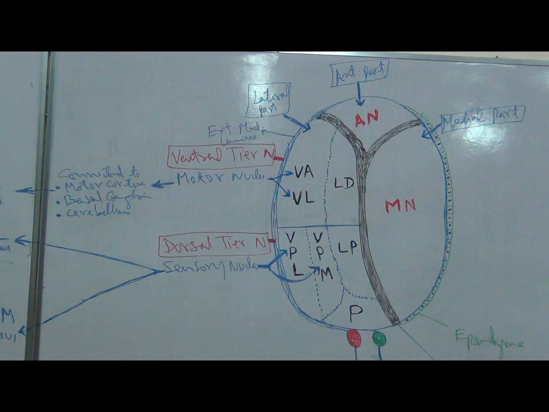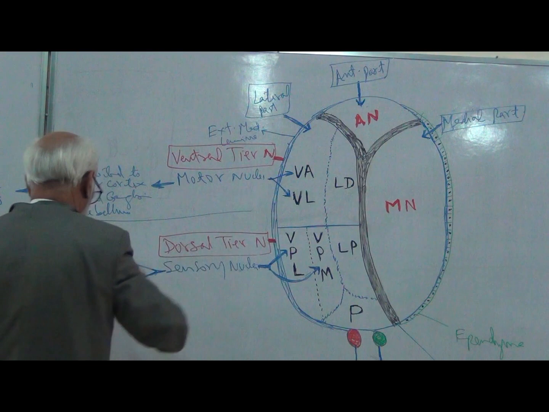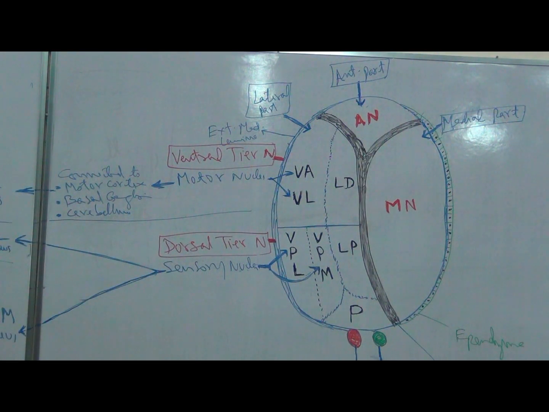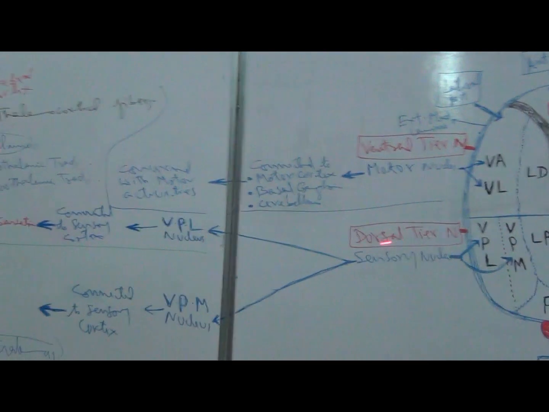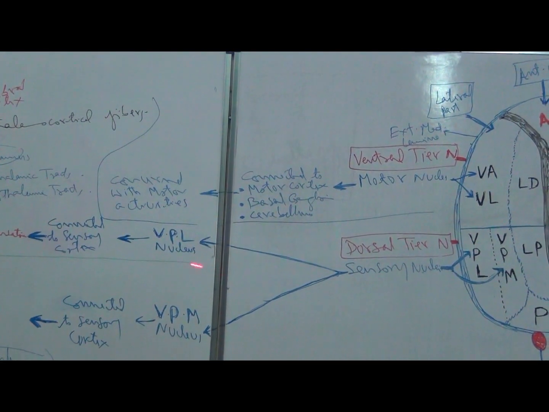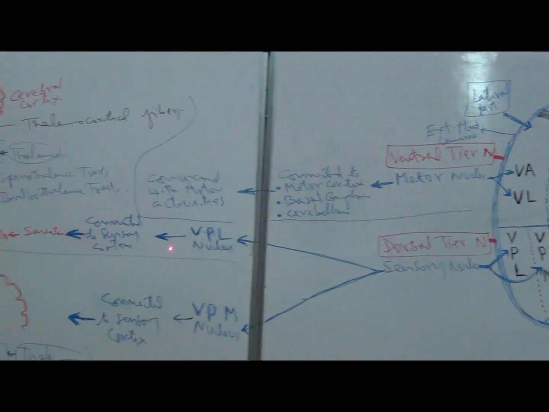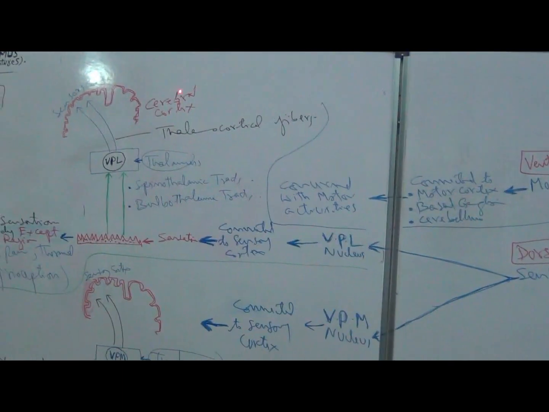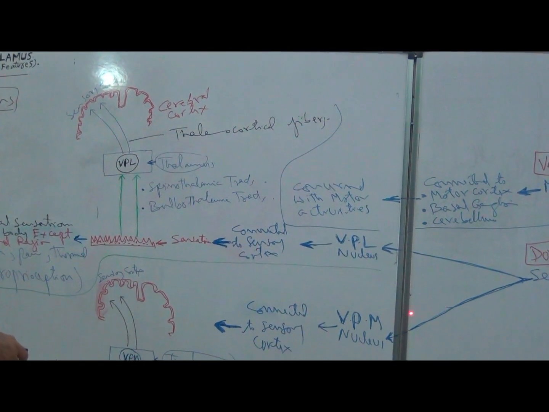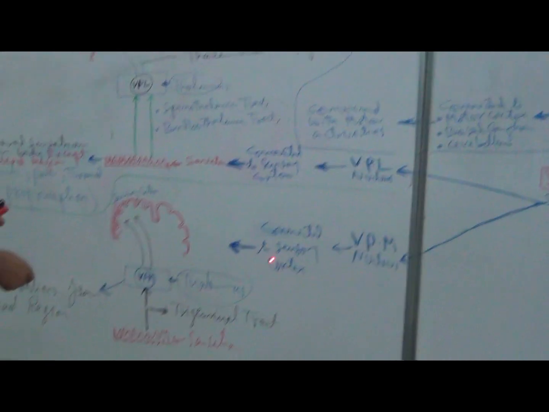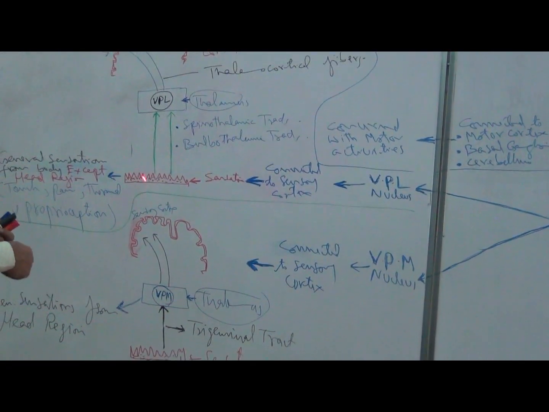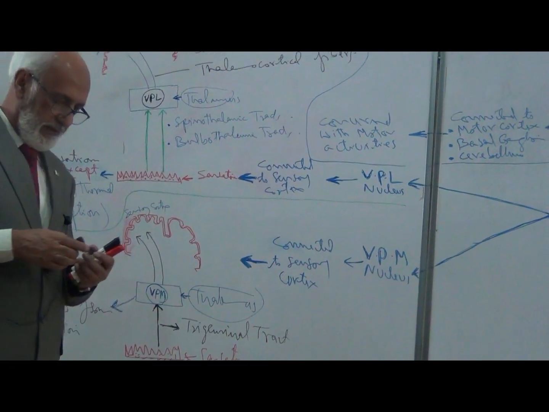Then next are the dorsal tier nuclei, which are sensory in function, that is ventral posterior lateral and ventral posterior medial nuclei. They carry general sensation. Ventral posterior lateral nucleus carries sensation from the whole body except head region to the sensory cortex, while the ventral posterior medial nucleus carries sensation from the head region again to the sensory cortex.